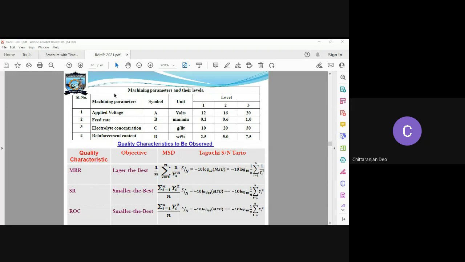And we are machining the metal matrix composite with these machining parameters, and different composites are machined here, because we have fabricated this metal matrix composite with 2.5%, 5%, and 7.5% reinforcement of boron carbide. Now, to optimize the machining process, we use the utility method.